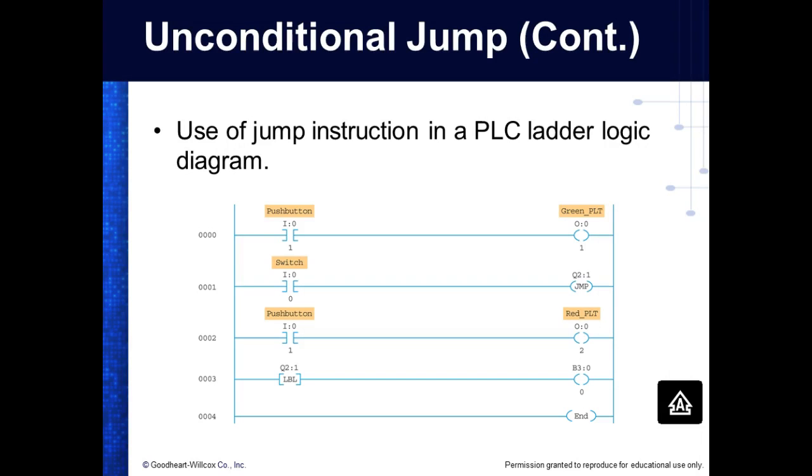So your jump instructions use Q2, right? So we use a Q2 register to specify a jump. And then we have to jump to a label instruction that has the same address. So JSRs use Q2.